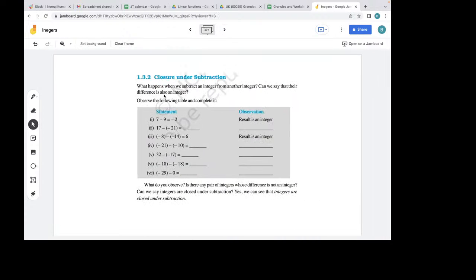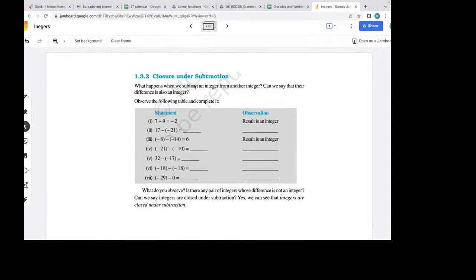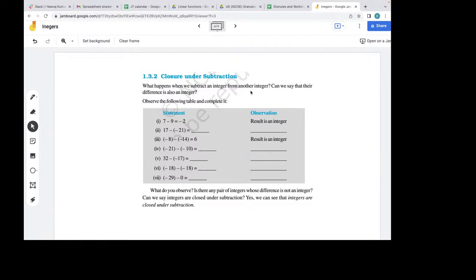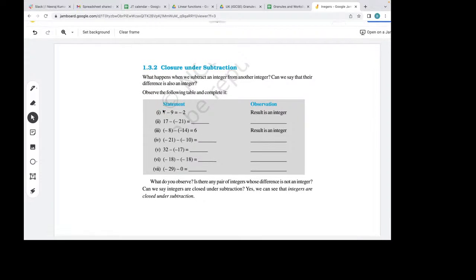So this one was the first property. Now let's come to the second property of integers, which is closure under subtraction. So what happens when we subtract an integer from another integer? We can say the difference is also an integer. Okay, let's figure that out.